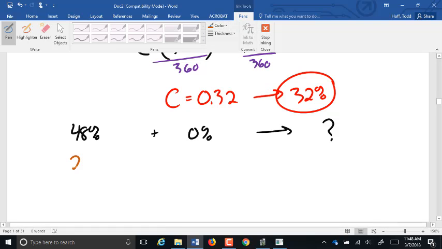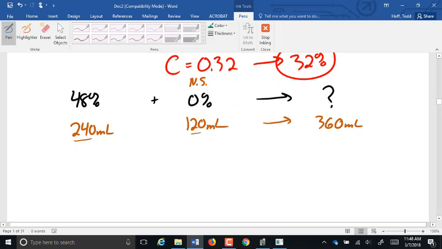And that we were combining 240 milliliters of the 48% with 120 milliliters of 0%, that would be our water, normal saline, and that better give us a total, 240 plus 120, of 360 milliliters. And we could have done out our formulas just like we did in Unit 2.